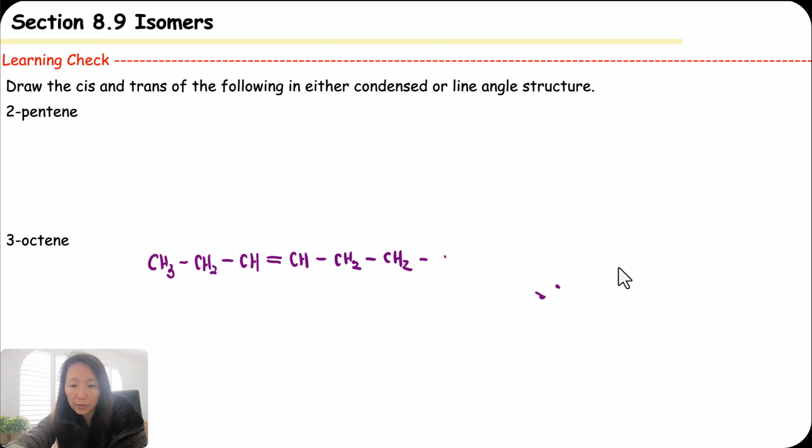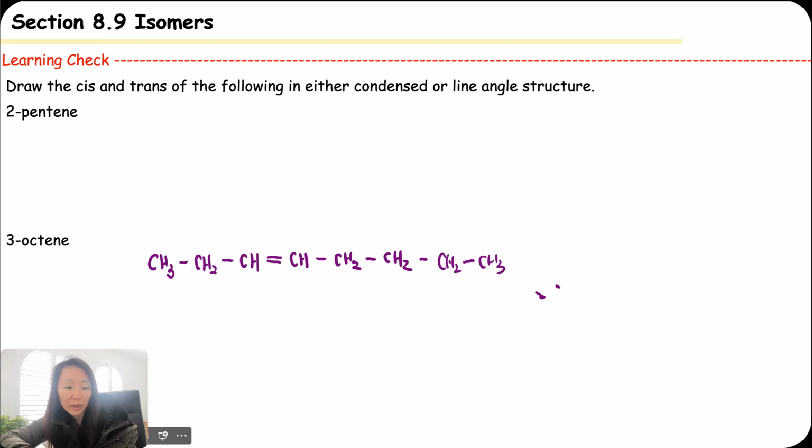I'm going to draw a few more. 1, 2, 3, 1, 2, 3, 4, 5. Okay, so here's my octene. The double bond is there, and it's in the middle. So what does that mean? This probably has cis and trans formation.